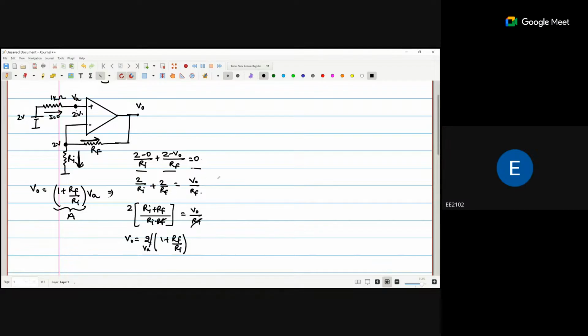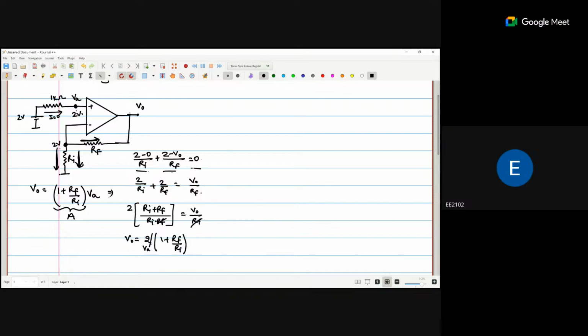Now if the current is in the outward direction, from this 2 volts node, the current direction will be from higher potential to lower potential. So 2 minus 0 upon Ri. Now the current is going outward, which means the 2 volts is the higher potential as compared to V naught. So we take 2 minus V naught upon Rf, that is equal to 0.